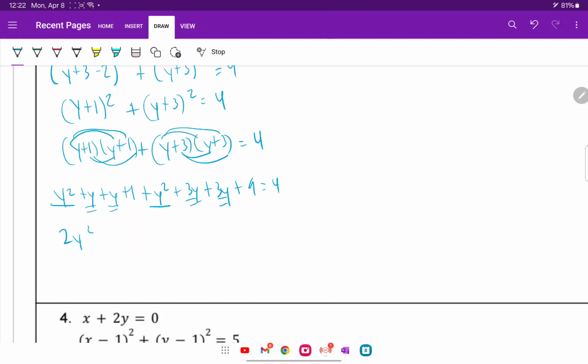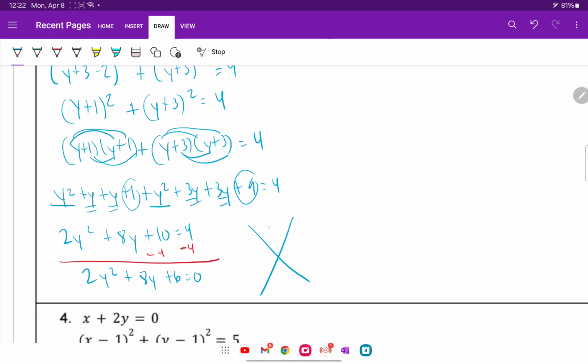So 6y plus 2y is 8y. And then 1 plus 9 is 10, is equal to 4. We can subtract that 4 over. So we get 2y squared plus 8y plus 6 is equal to 0.